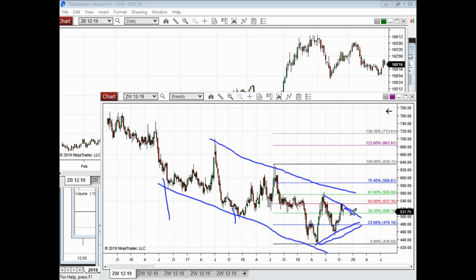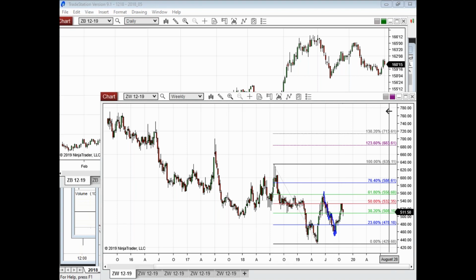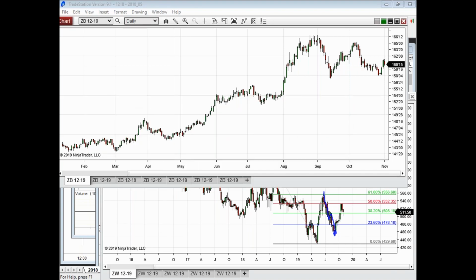But even if this manages to break this channel, this could still come back down and do a momentum reversal plus type of strategy. This has been good for swing traders on the shorter time frames here, but we aren't getting anything for sustained larger position trading. We have another symmetrical triangle here on bonds too.